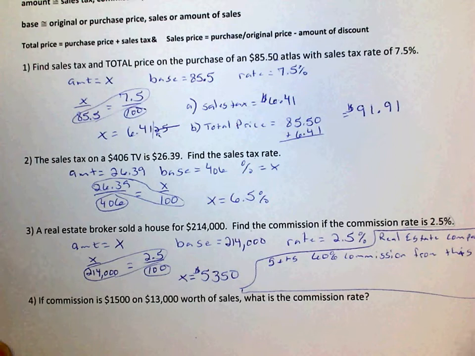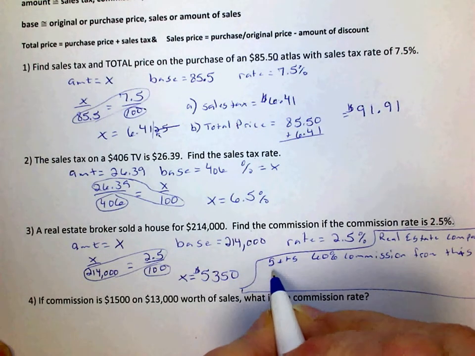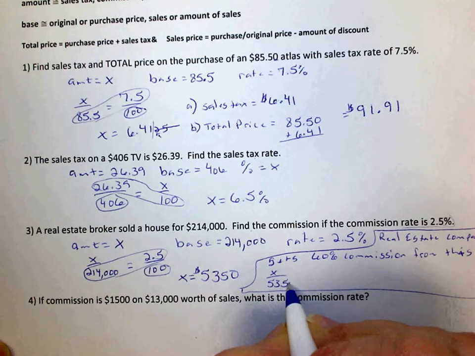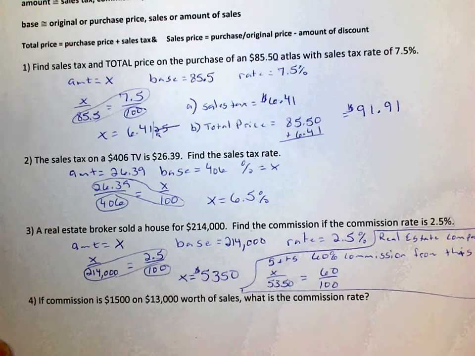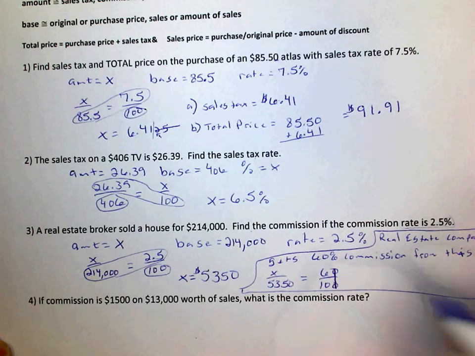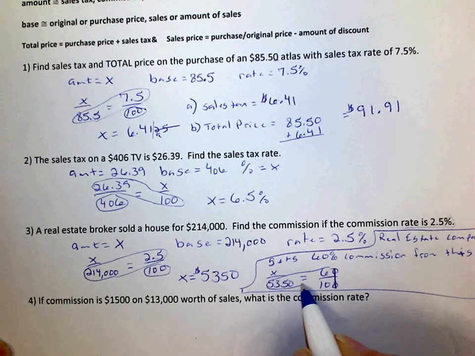So what you have to do is amount over 5350 equals 60 over 100. Now I'm going to show you just a small little cheat. Both of these end in zeros, so I can knock one of those sets of zeros off, and I'm multiplying and dividing by a smaller number.